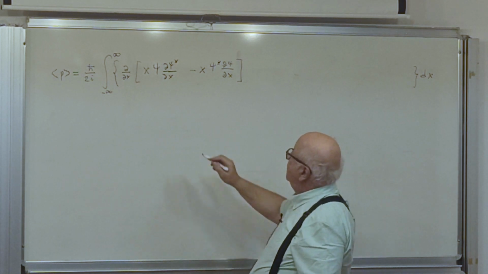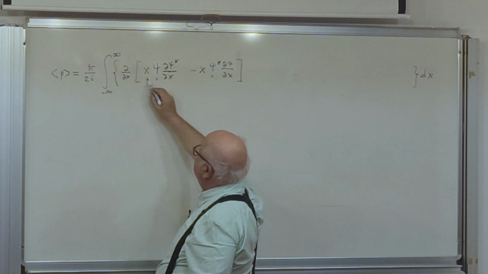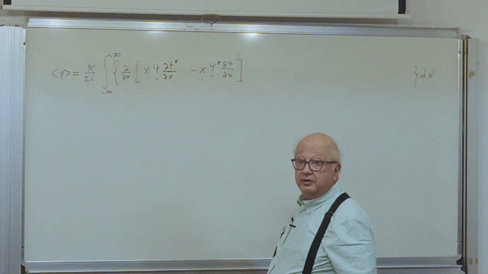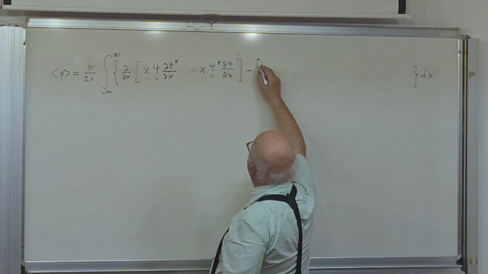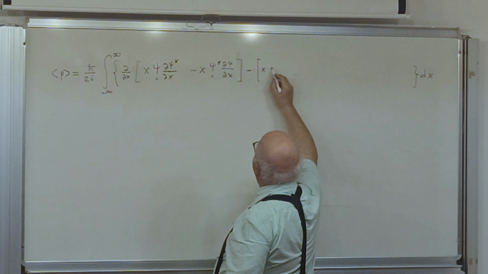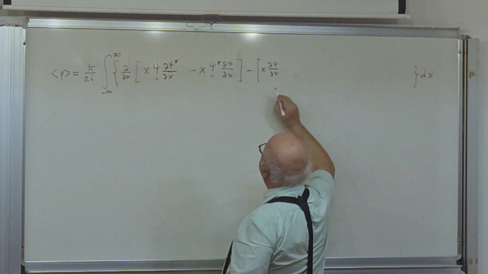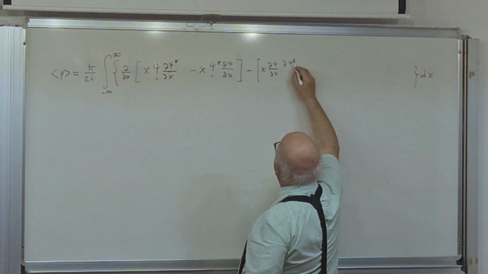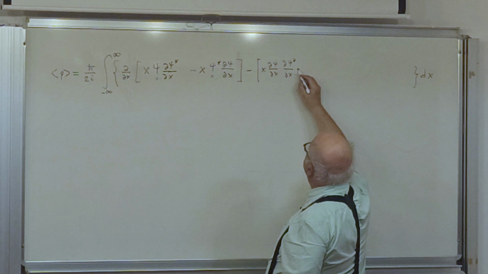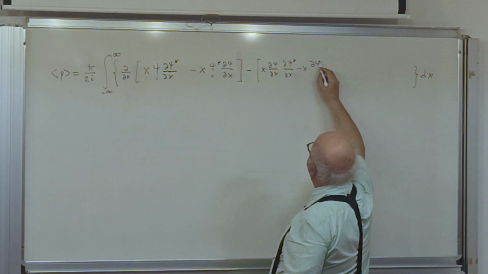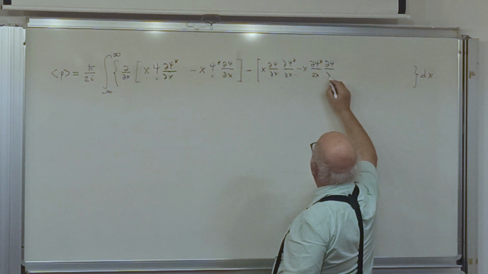There will be derivatives on the psi's, and of course derivatives on the x's. So let me take them out. So minus x del psi over del x del psi star over del x, minus x del psi star over del x del psi over del x.